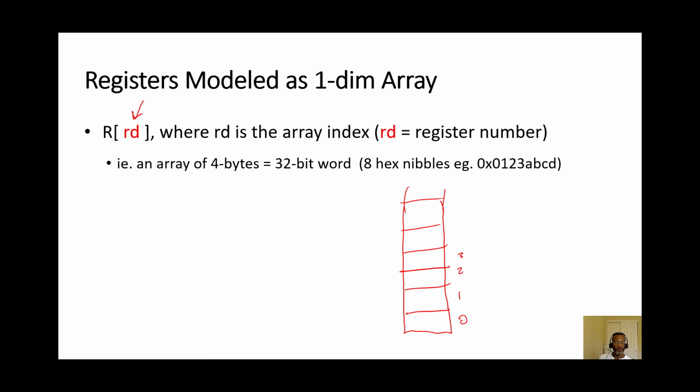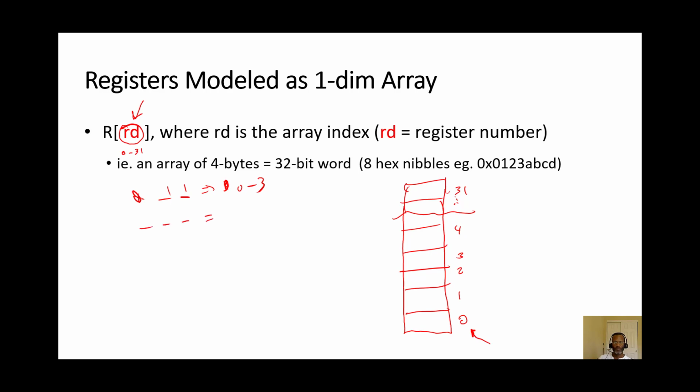So the values here for registers will just go up to something that allows us to get 32 different registers. And if we think about this, we need some number of bits to represent this index. Since this index is going to be a value from 0 to 31, if I only had 2 bits, the largest number I could represent with those 2 bits would be a 3, so I could represent values 0 through 3 using only 2 bits.